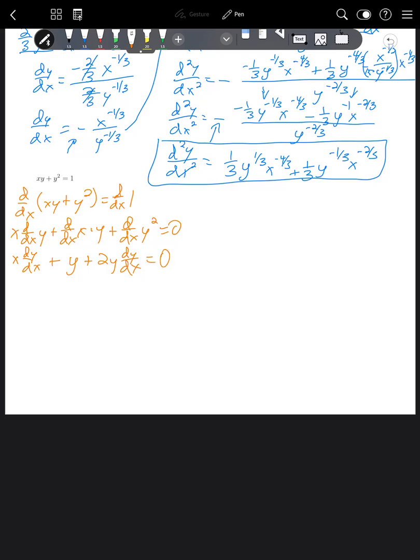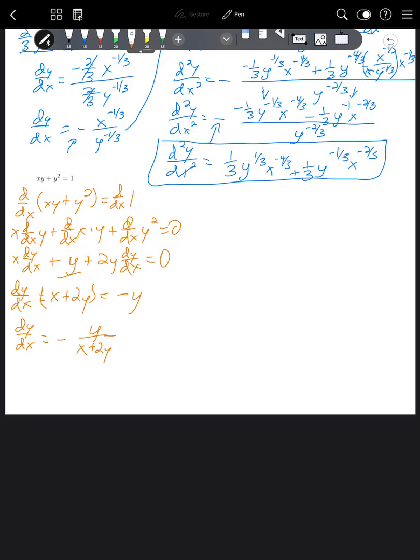And then move the y to the other side to get the dy dx's all together and factor out dy dx. So this is dy dx times x plus 2y equals the opposite of y, and then divide by x plus 2y. So dy dx equals the opposite of y over x plus 2y.